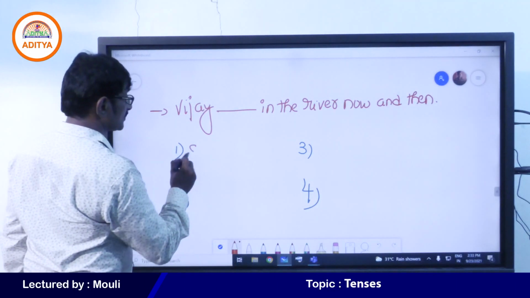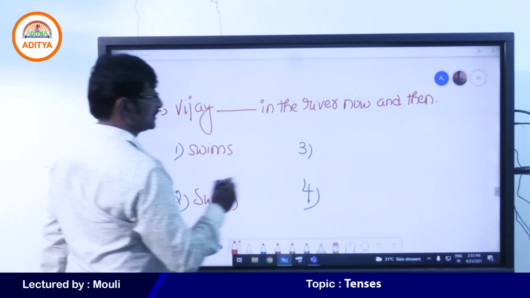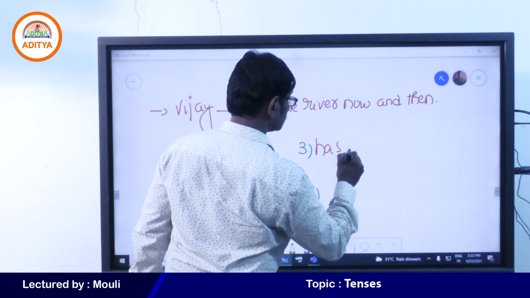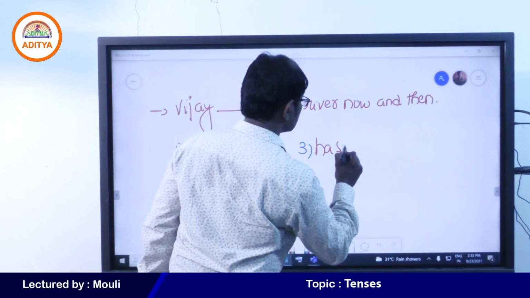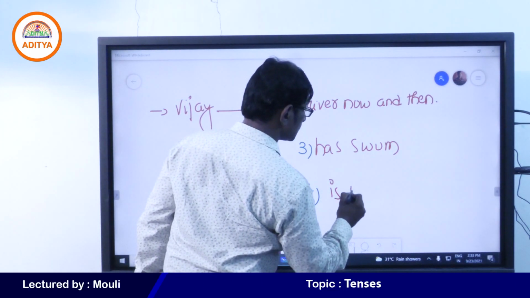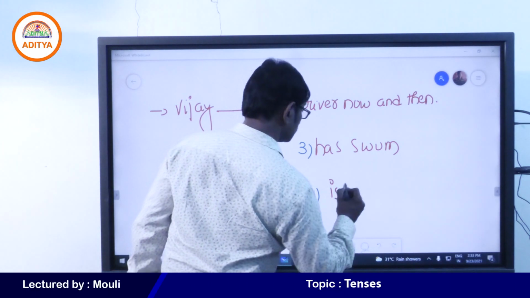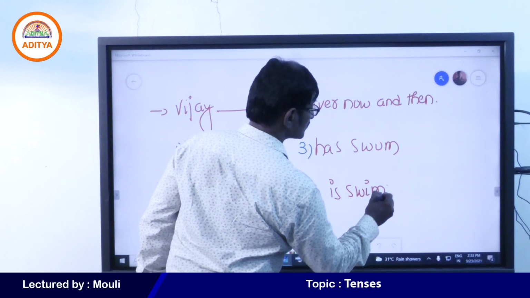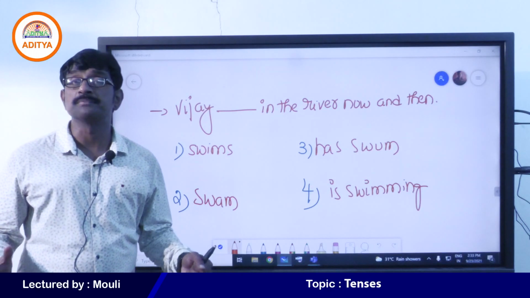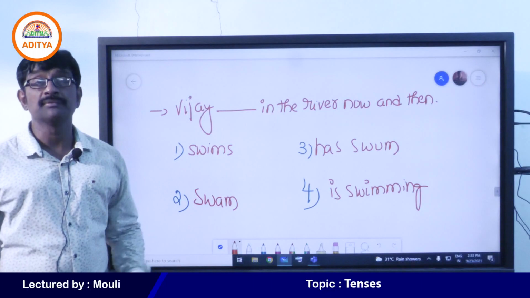The first one is swims. The second one is swam. The third one is has swum. The fourth one is swimming. These are the choices before you. So choose the best one among these four. I will wait.